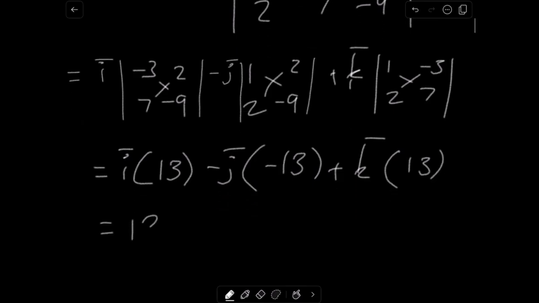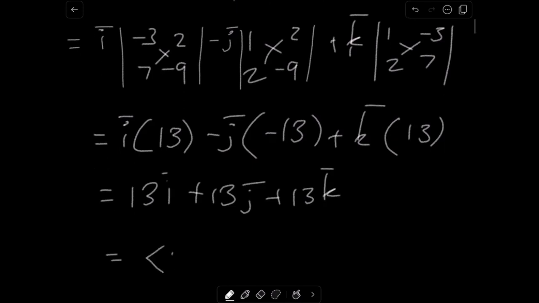So we're going to get 13i, and then double negative, so that becomes plus 13j plus 13 vector k. And this is equal to 13, 13, and 13.